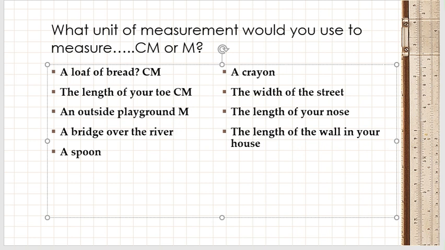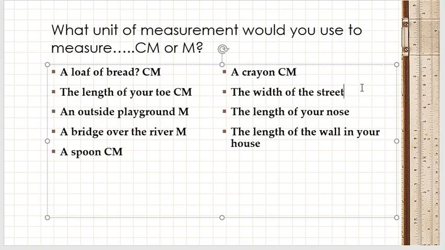What about a bridge? A bridge is another giant thing, so we would use meters. Now a spoon, we're back to having something pretty small, so we would use centimeters for that, unless it was a giant spoon for a giant, then maybe you would use meters. A crayon or a pencil or a pen, those are really small, so again we would use centimeters.